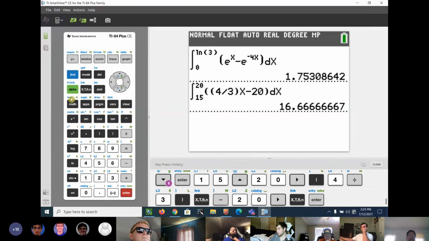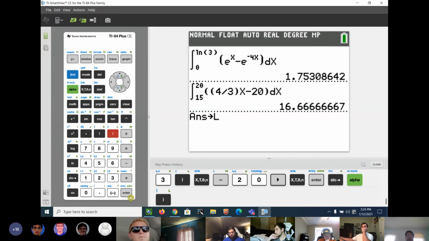We'll store it, store alpha, left side. Left would be what? Right there. That's the left side.